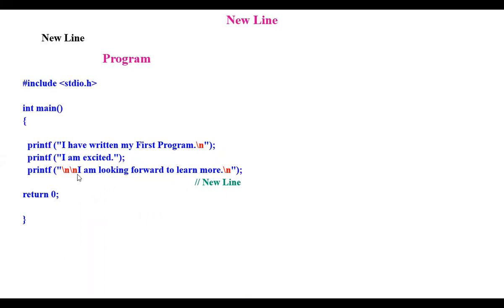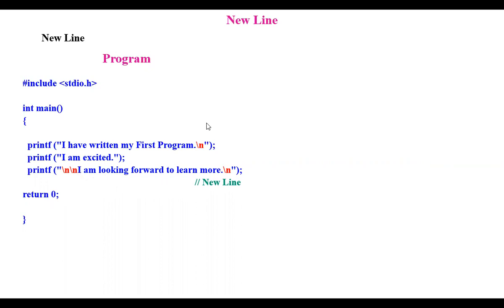I have taken 2 new line characters and written something. Now, can you expect what will be the outcome? 2 new lines will be introduced. After the first new line, it ends here and continues in the next line. But we have another new line. That means it skips one more line and prints this matter.